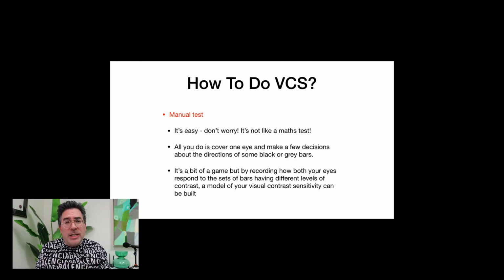The intention is that your clinician, or yourself if you're doing the test online at home, will test your VCS over a period of time to see whether or not, say, mold avoidance, mold remediation or moving environments has an impact on your VCS testing.